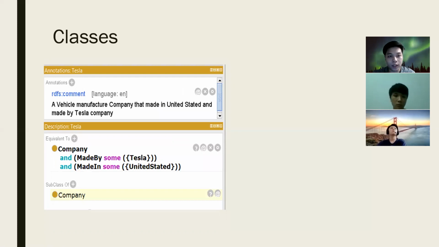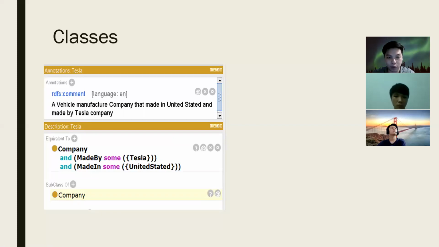The next one is Tesla. Tesla is a company. We use this company class to indicate the vehicle manufacturer company, which means Tesla must be a company and must be made by Tesla.